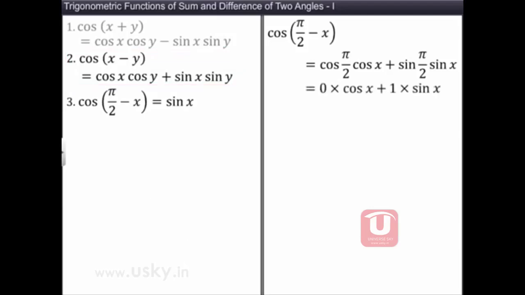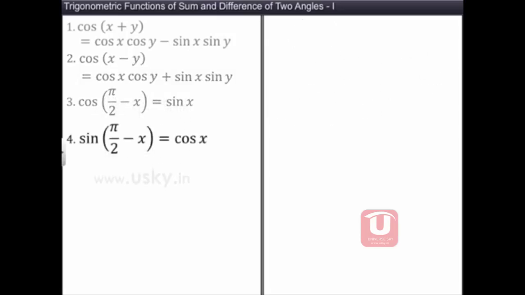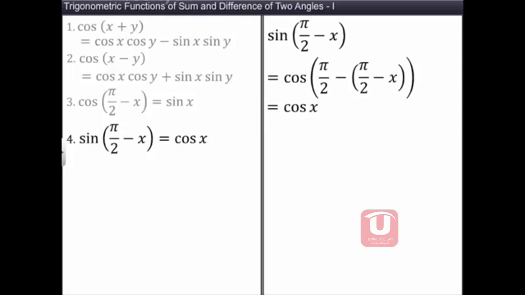And simplifying, we get cos of pi by 2 minus x is equal to sin x. Next, sin of pi by 2 minus x is equal to cos x. Replace x by pi divided by 2 minus x in equation 3. We get the result.